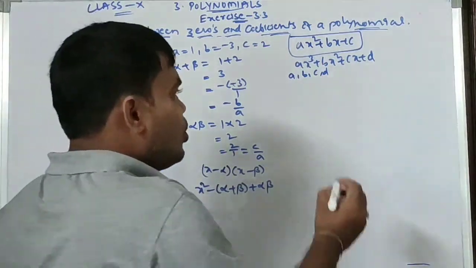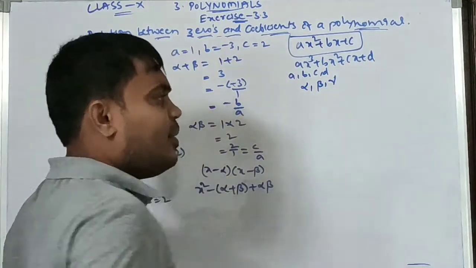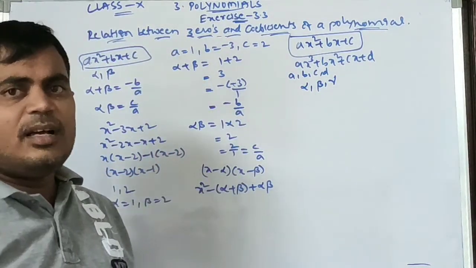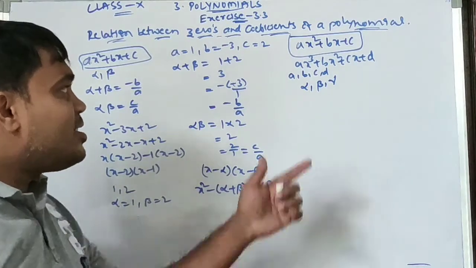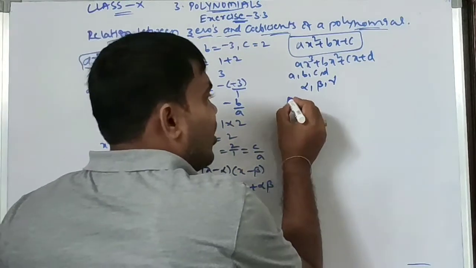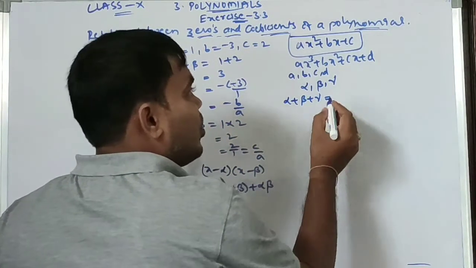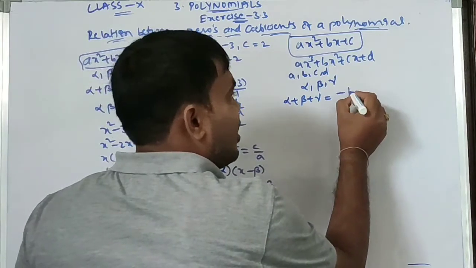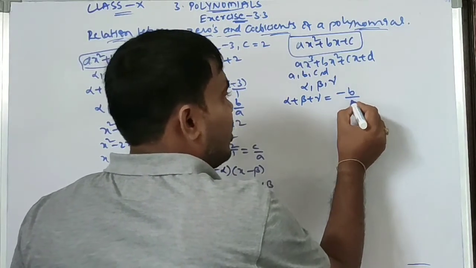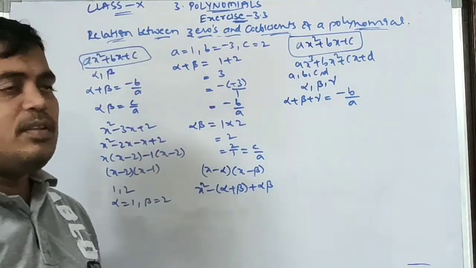Let us consider the roots are alpha, beta and gamma. Then the relation between these roots and coefficients: alpha plus beta plus gamma, this is the sum, equal to minus b by a.